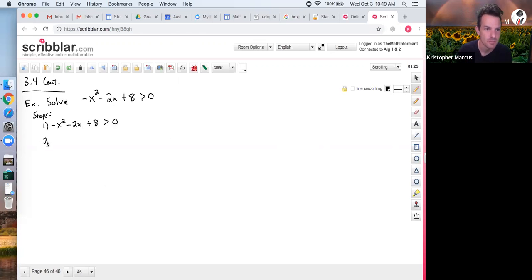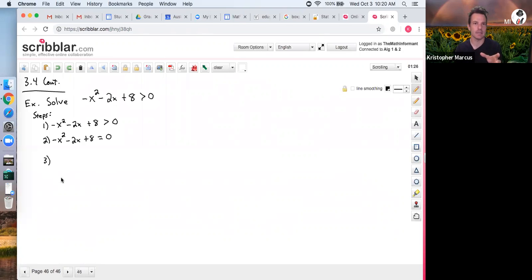Step 2, change the inequality to an equality. Negative x squared minus 2x plus 8 is equal to 0. Step 3, solve that.